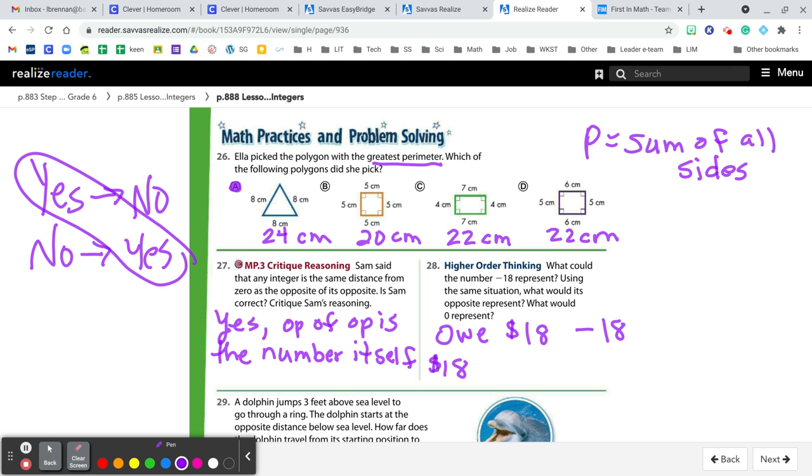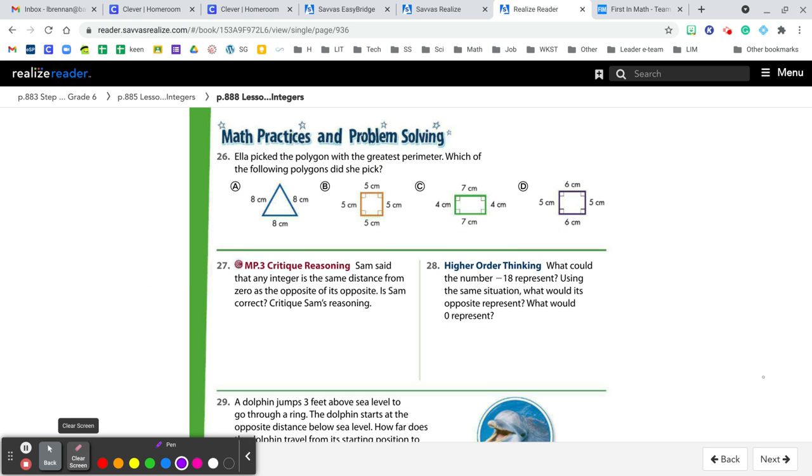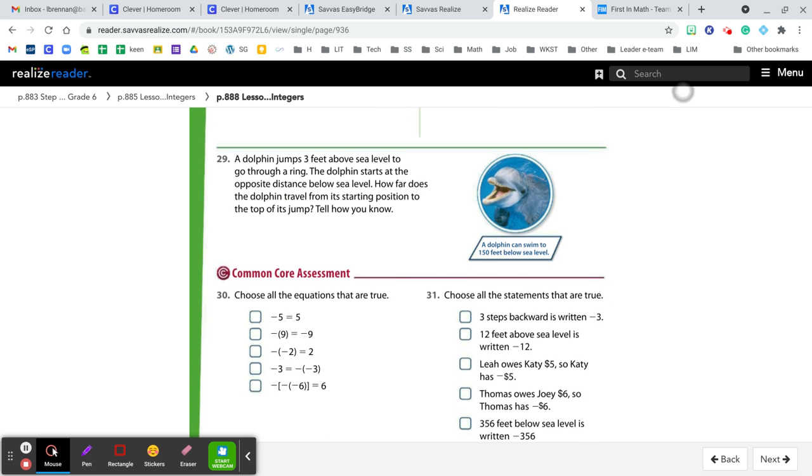And what would 0 represent? 0 would be you owe them no money. You owe them nothing. So we do use integers all the time. You use subtraction values all the time.